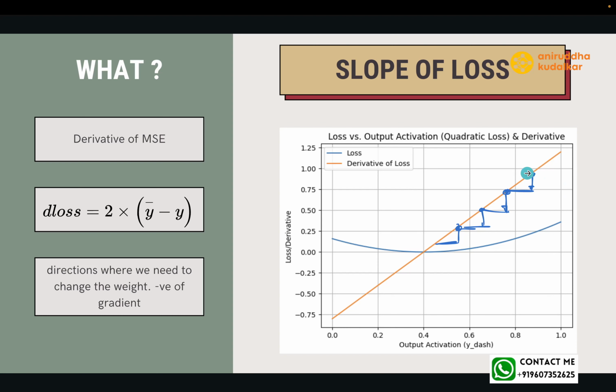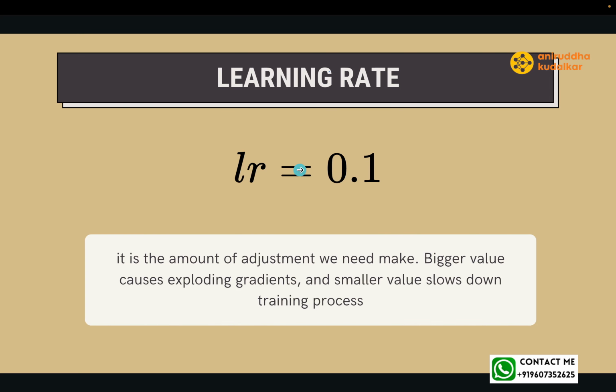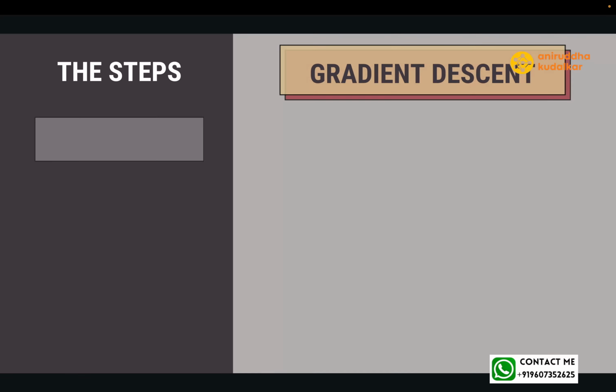So I'm coming down: first here, then here, then here. This magnitude by which you are adjusting the weights is called the learning rate. With a bigger value, you get one more concern, exploding gradients, and a smaller value slows down the training process. So that should be moderate. That's what the learning rate is.